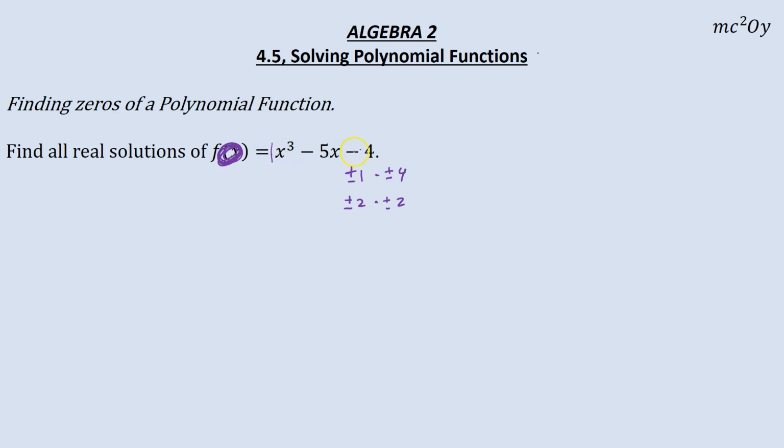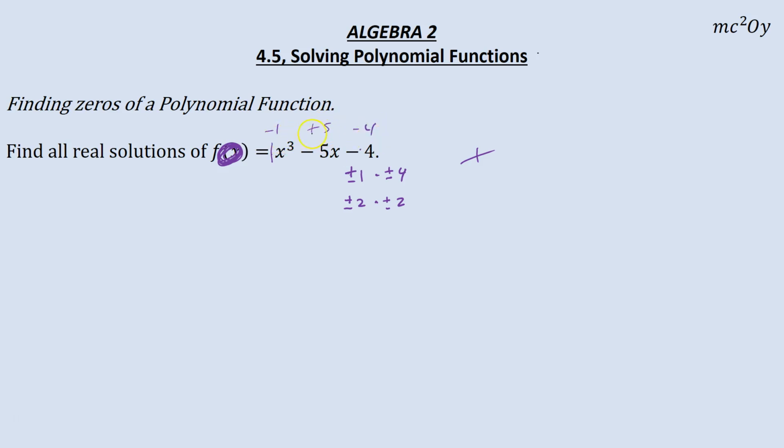So 1 minus 5 minus 4 does not work, so 1 is out. So I can try negative 1. Well, remember, the negative just changes the odd degrees. So rather than being positive 1, it's negative 1. Rather than being negative 5, it's positive 5 and negative 4.